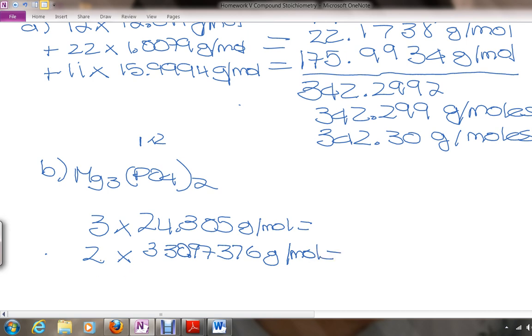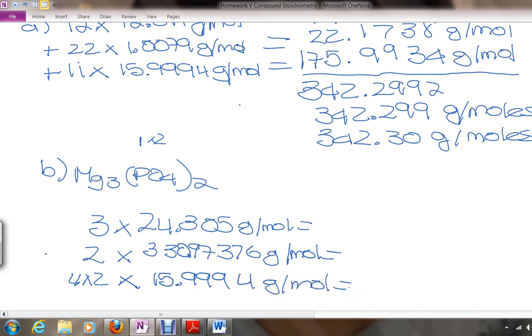And then we have oxygen, which is going to be 4 by 2, right? 8 by the atomic weight of oxygen, 15.9994 grams per mole.